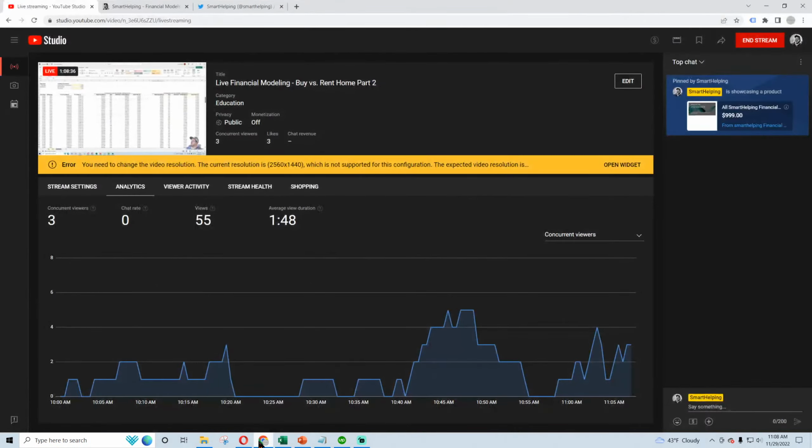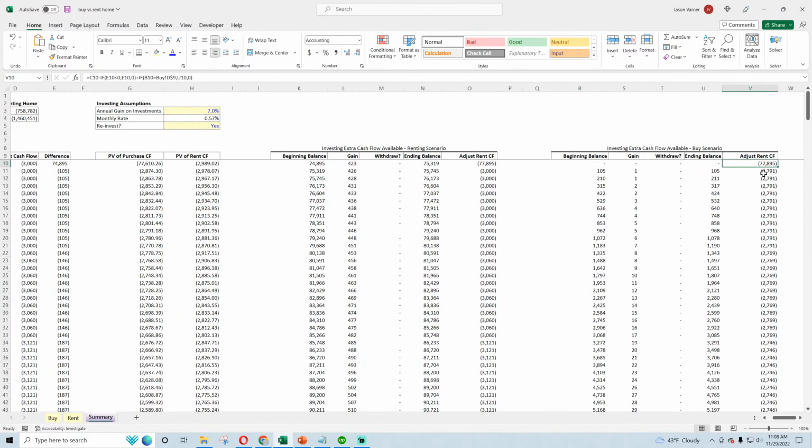Any suggestions from the comments? No. Let's ignore the first and last month and just look at what the adjusted cash flow should be.